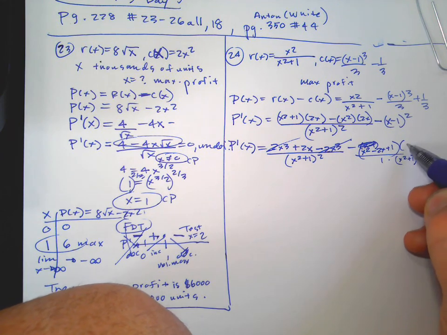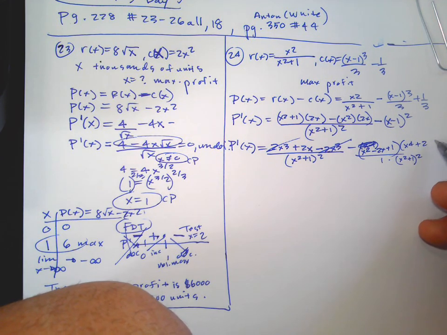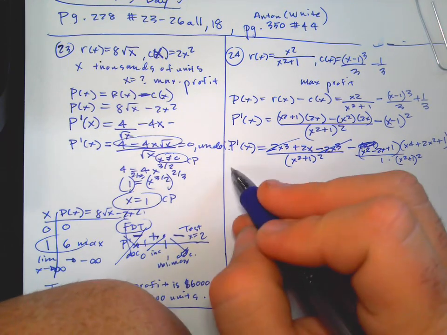But on the top, we're going to need to actually multiply it through and multiply it all out. So this is ugly.